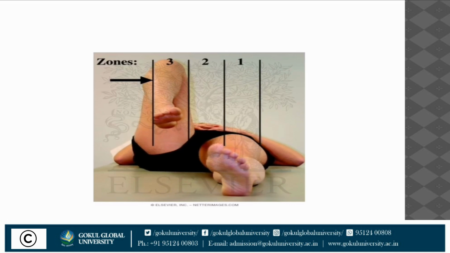As we can see in the figure, if the leg is adducted to the first zone, that means the hip is normal. If it is adducted to the second zone, that means mild to moderate hip pathology is present. If adduction does not occur at all, that means the leg is in the third zone, which means hip pathology is present, which is very severe.